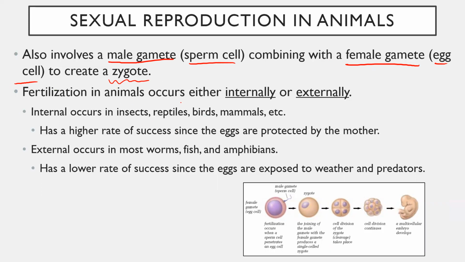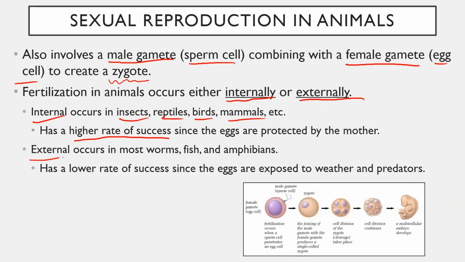Again, a zygote is, of course, a male gamete and a female gamete that have joined together. Now, fertilization in animals occurs either internally or externally, so either inside the animal or outside the animal. Internal, of course, occurs in insects, reptiles, birds, mammals, etc. Now, the reason that there's 2 different forms here, internal and external, is just an adaptation based on what their environments are. For internal, it has a higher rate of success because the eggs are actually protected by the mother.